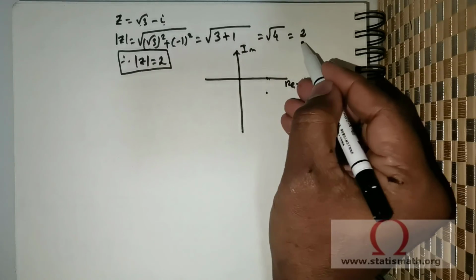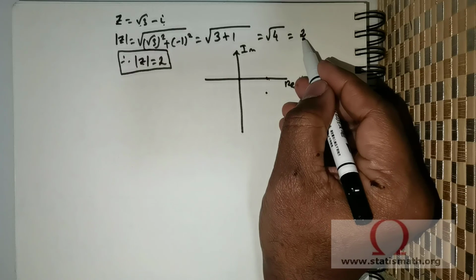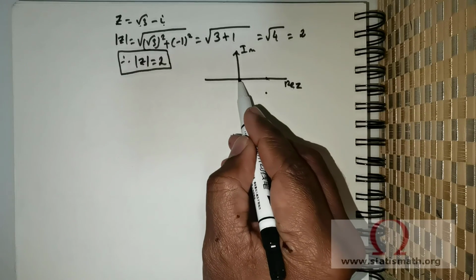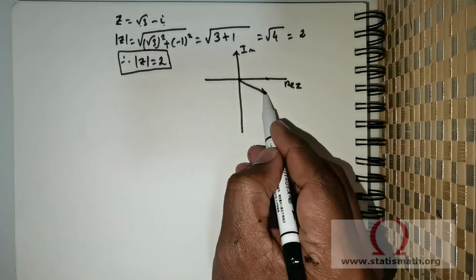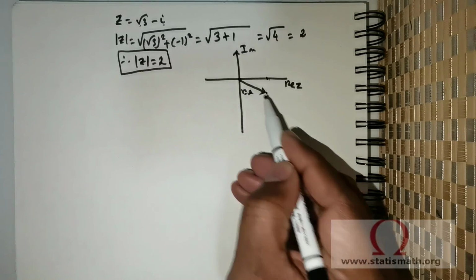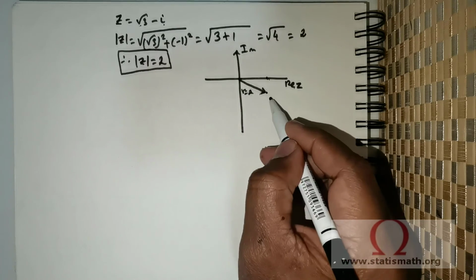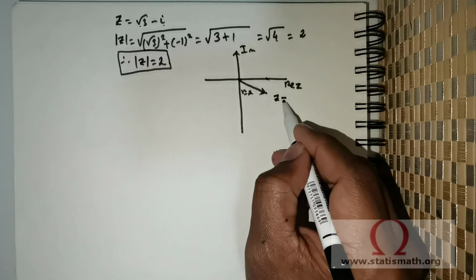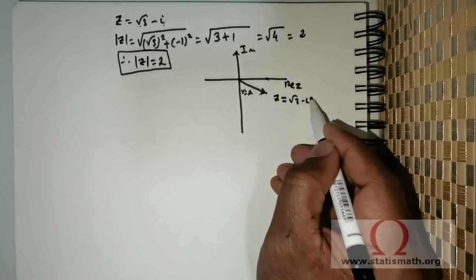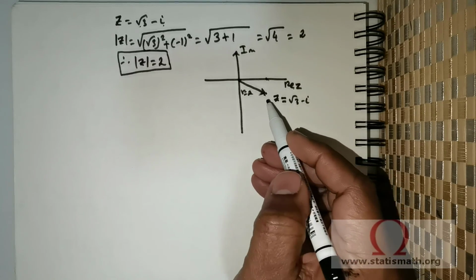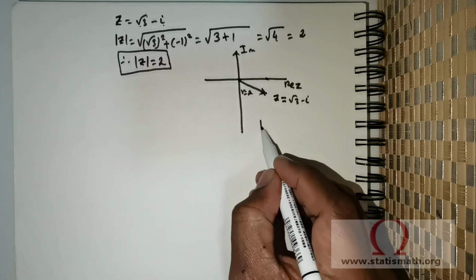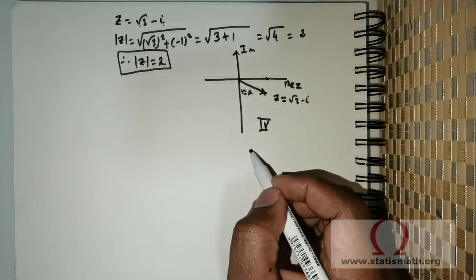Since the magnitude is 2 units, the complex number will be featuring somewhere over here. So r is equal to 2 units here, and let me write down the complex number, z is equal to √3 - i. So this will be the location of the complex number. So the complex number is located in the 4th quadrant.